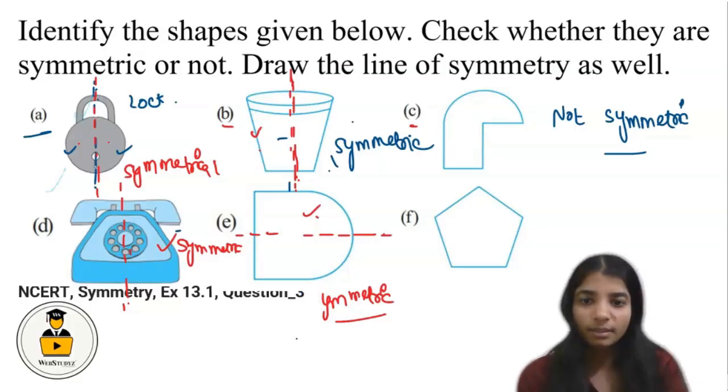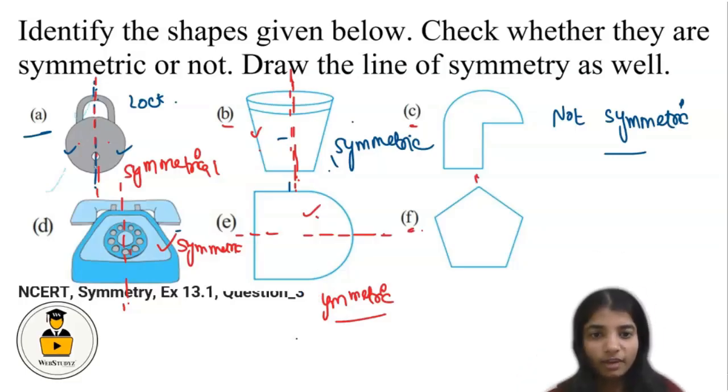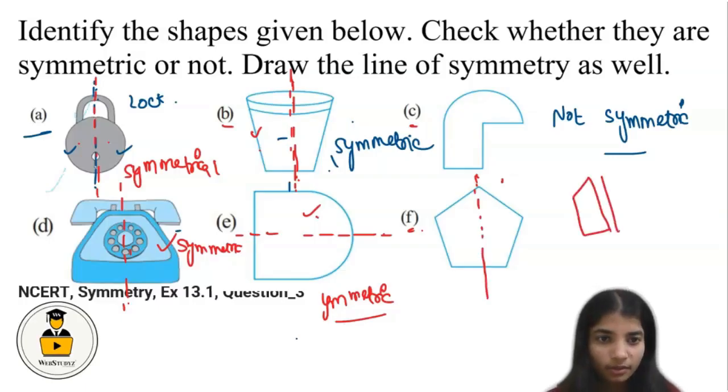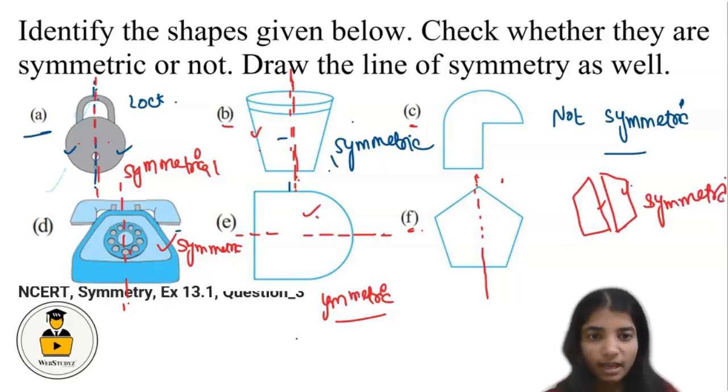Now let's discuss part F. This figure F we are considering is a pentagon, and we have to find whether it is symmetric or not. If we draw a line from the middle, we get both shapes this way. So both are identical. So we can say that this is symmetric, and this red line shows the line of symmetry. But apart from that, we can also try other lines.